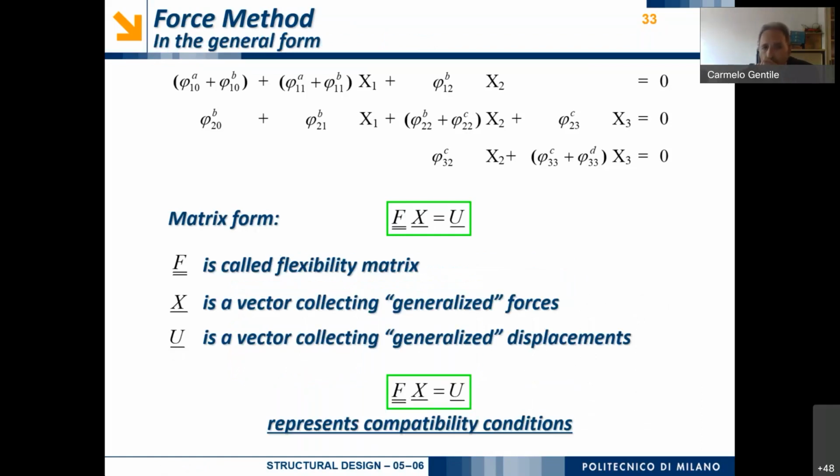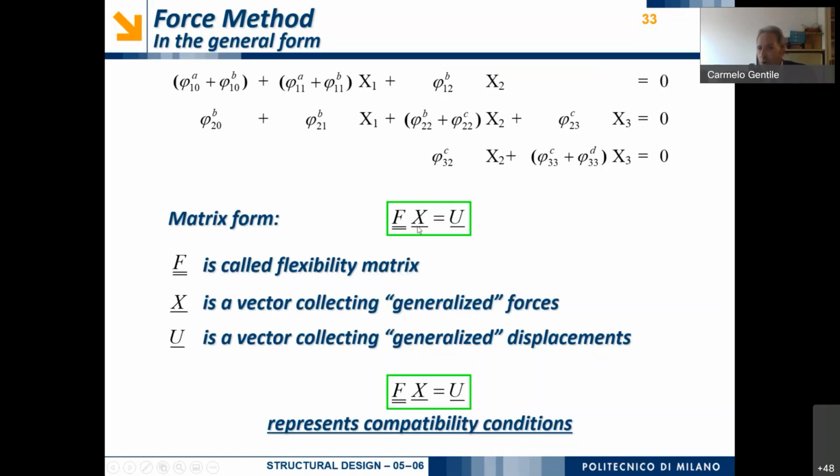When we refer to the matrix form of the force method, the matrix of the flexibility coefficients, since it collects coefficients called flexibility coefficients, is called the flexibility matrix.